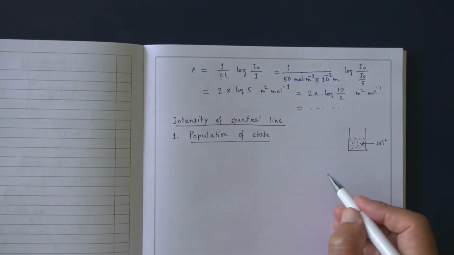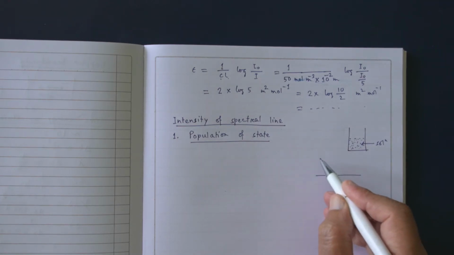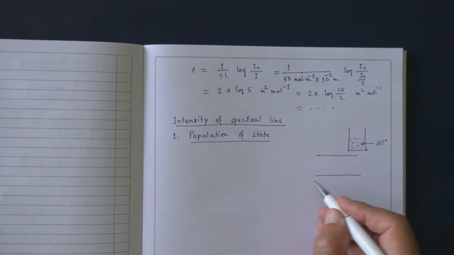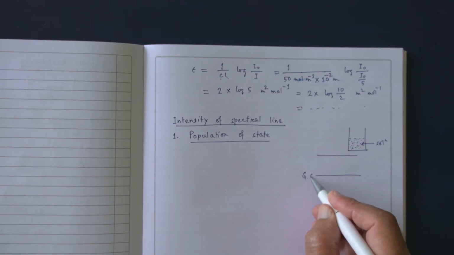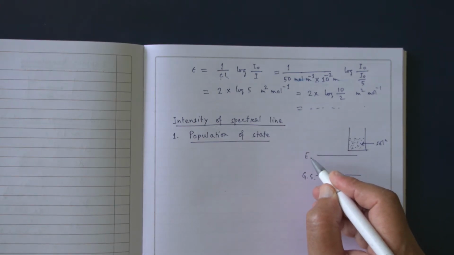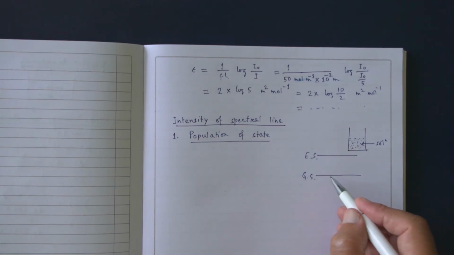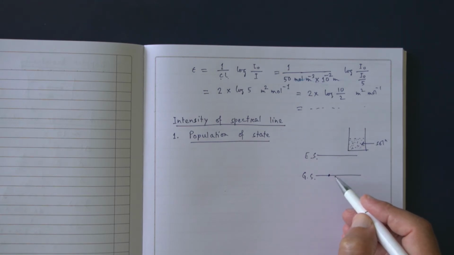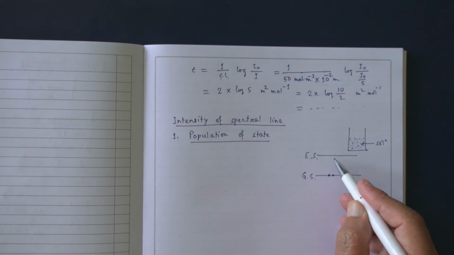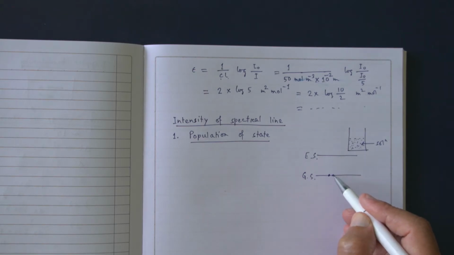Now, suppose these are the energy levels. This is the ground energy level, the ground state. This is the excited state. So if there is one molecule, one photon will be absorbed. If there are two molecules, two photons may be absorbed.